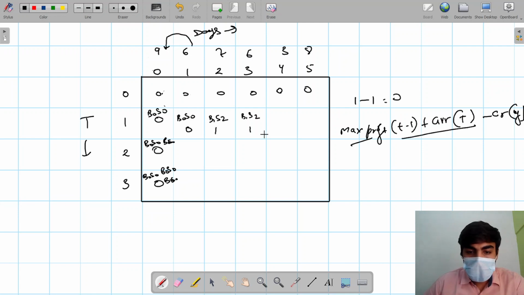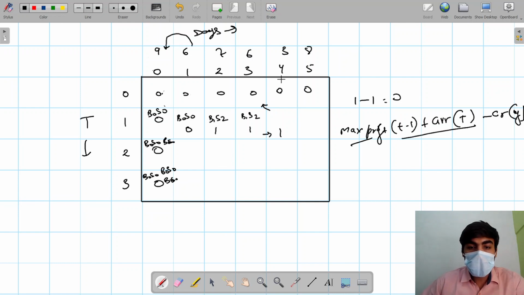Here, the first option is we can take it as it is, because we have to find the max profit for one transaction, and we already did one transaction before that day. So we take it as it is because it's the max profit, or we calculate for the previous one.